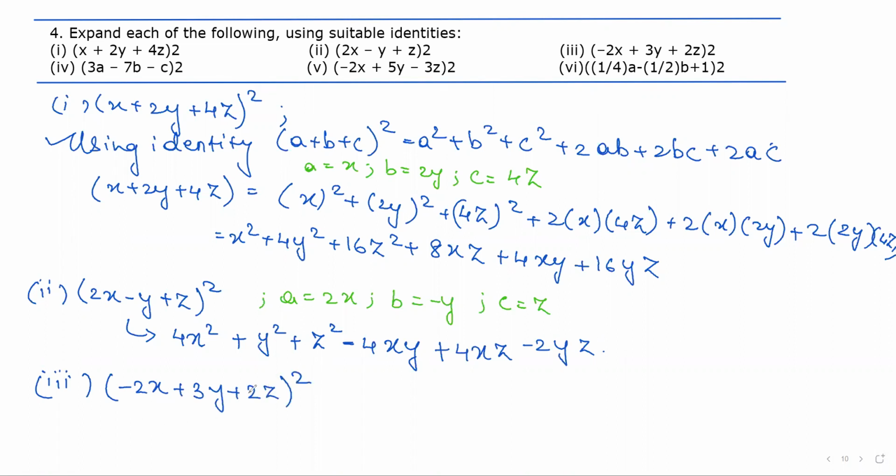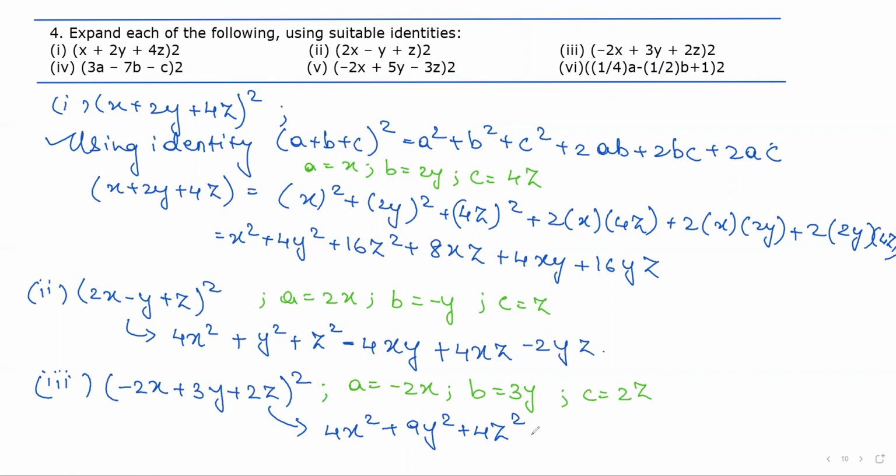Here the first term is negative, so a becomes minus 2x, b is equal to 3y, c is equal to 2z. Placing it in the formula, we get minus 2x whole square, which is 4x square, plus 9y square, plus 4z square, plus 2 times ab.